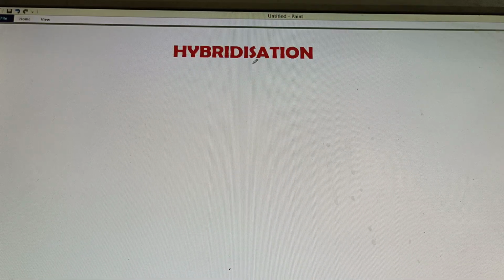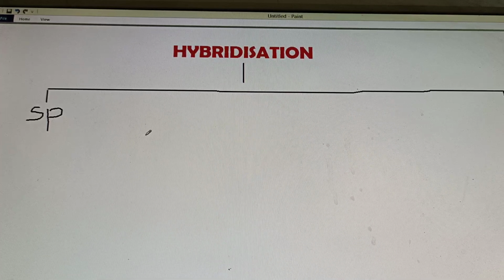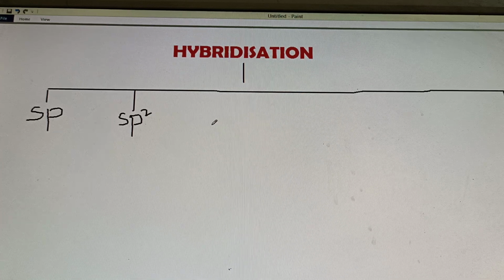So in this section we shall discuss different types of hybridization. At first we will discuss sp hybridization, where one s and one p orbital intermix. Next, sp2 hybridization, where one s and two p orbitals mix to give three sp2 hybrid orbitals.